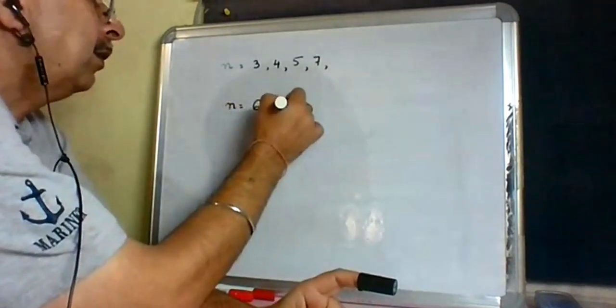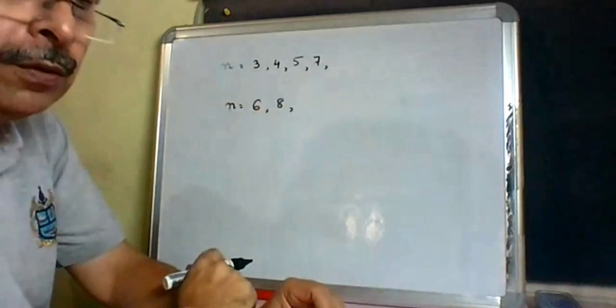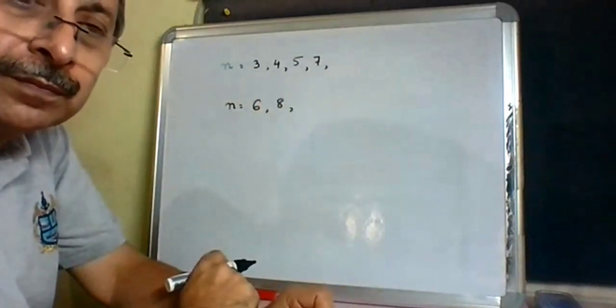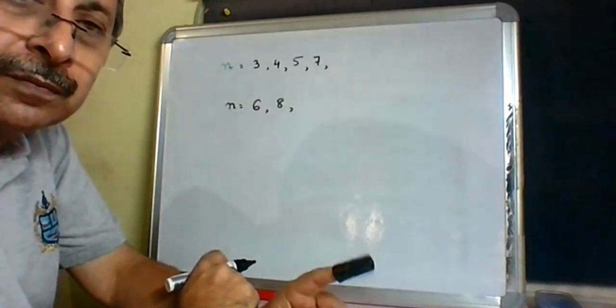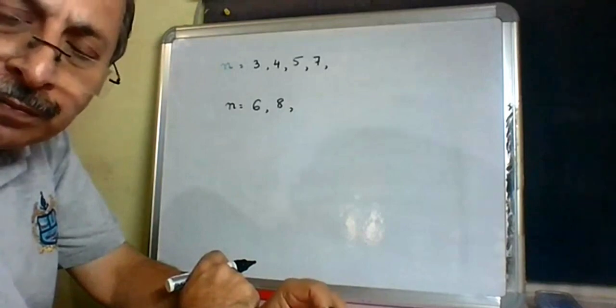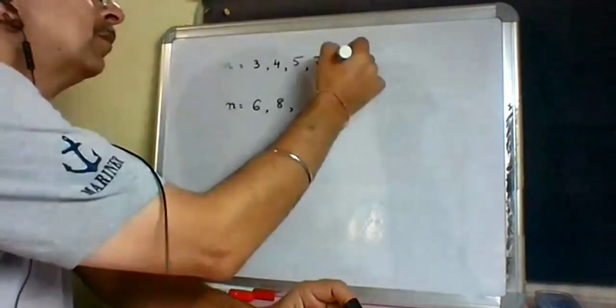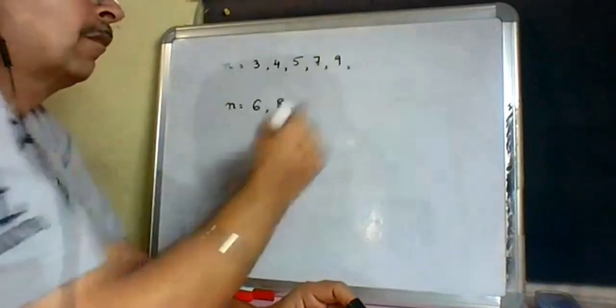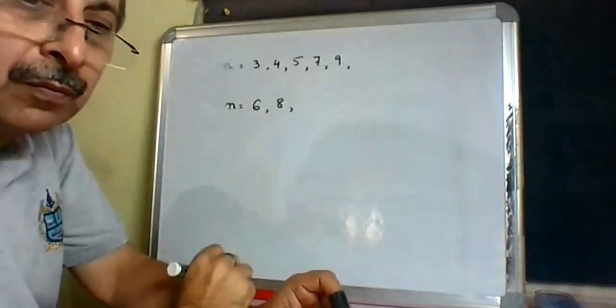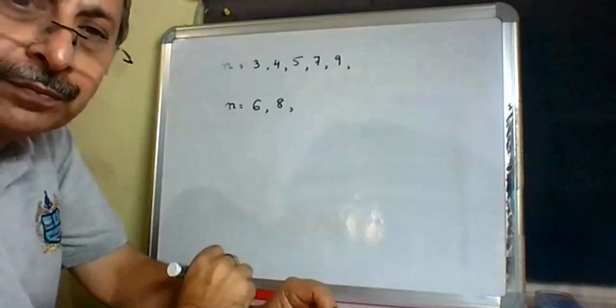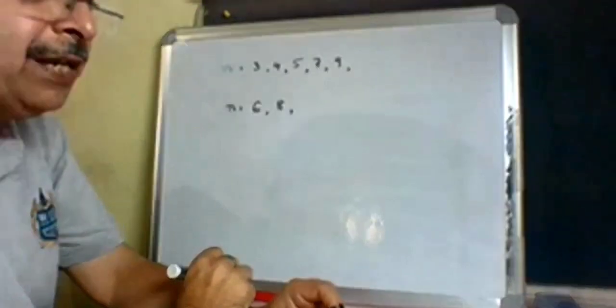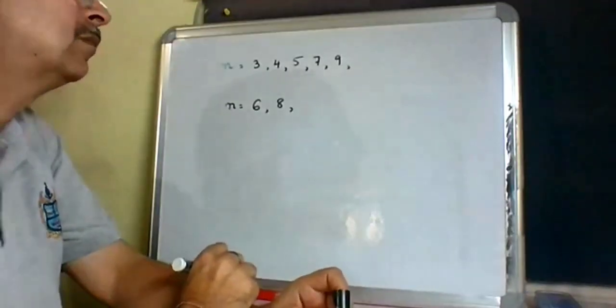N is equal to 8. No rule. Agreed? Yes sir. N is equal to 9. Rule 1. N is equal to 10.